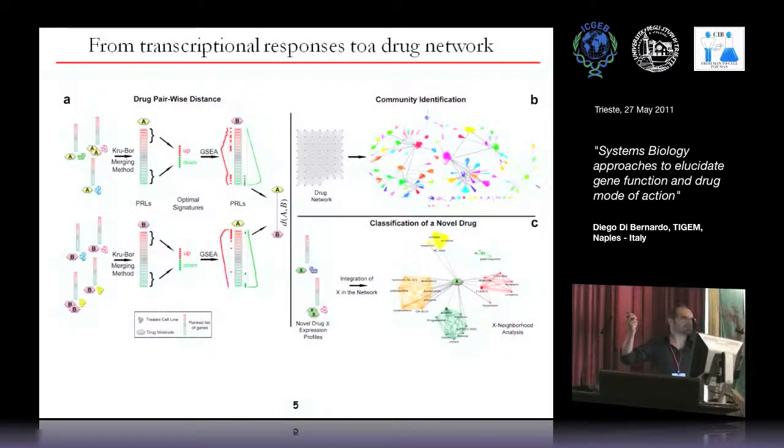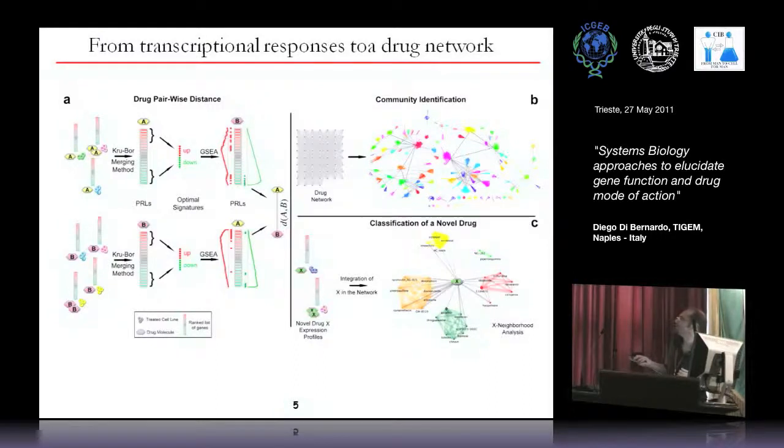So this distance is small if the 2 transcriptional profiles elicited by the drugs are very similar. And then we can plot these into a network where each point is a drug, and we have a line connecting the 2 drugs if these are very similar according to our distance measure. That is, they elicit a similar transcriptional response in their profile.